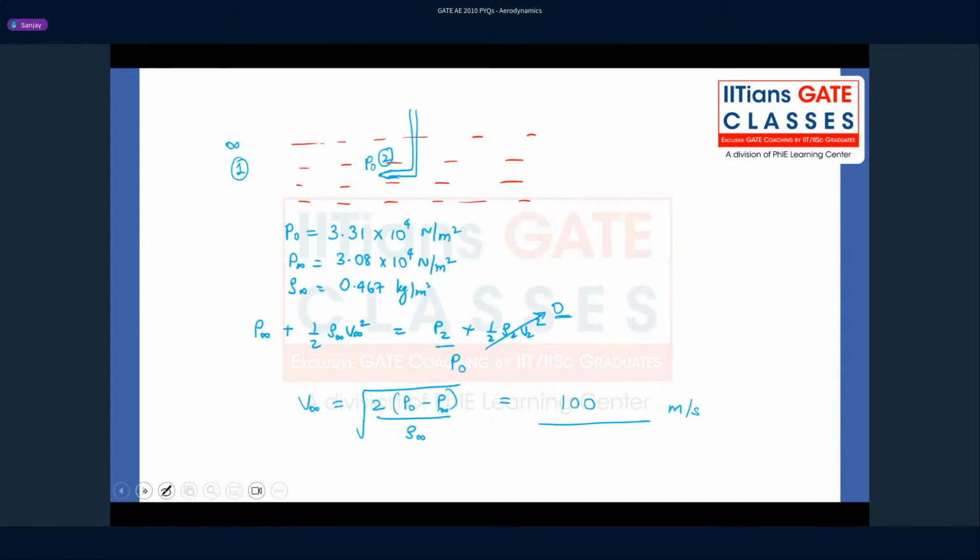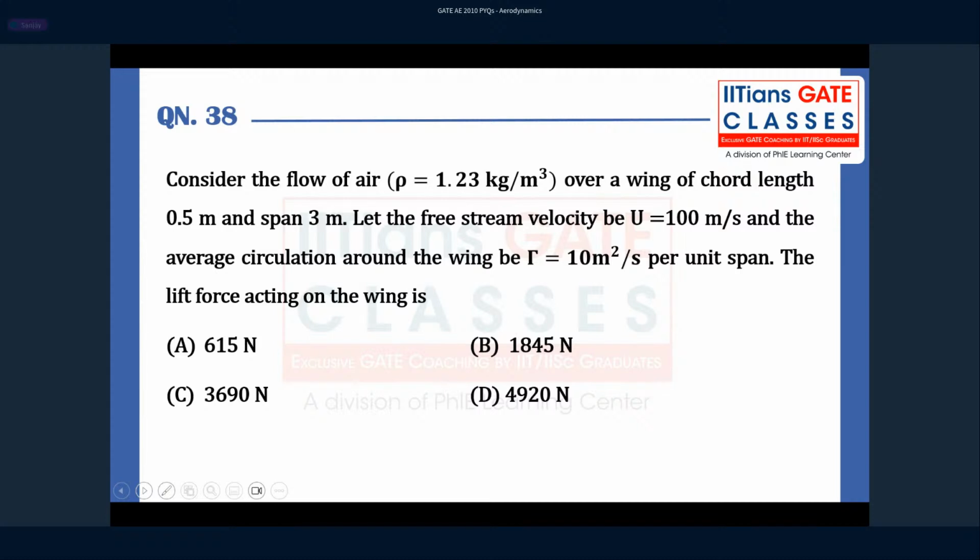Okay, let's move on. So the next question is, consider the flow of air with this density over a wing of chord length 0.5 meter, span of 3 meters, right? So chord length is given to you, span is given to you. Let the free stream velocity be 100 meters per second, and the average circulation around the wing is given to you, right?